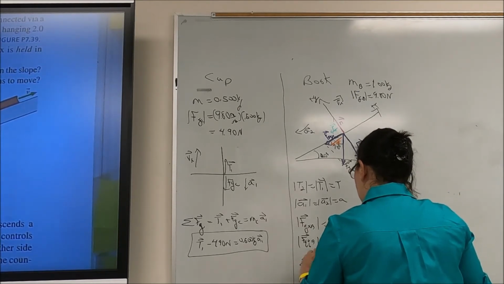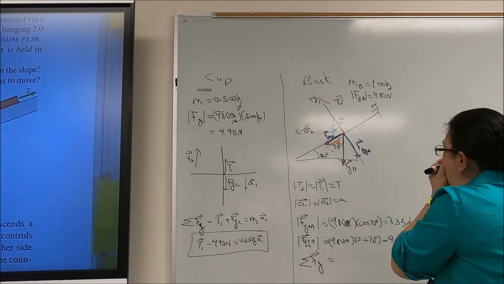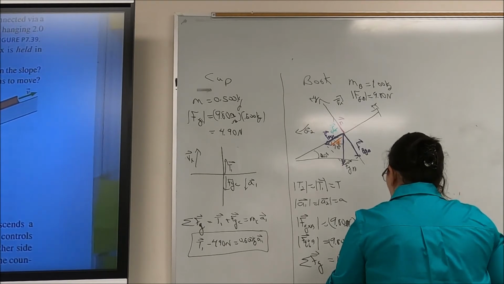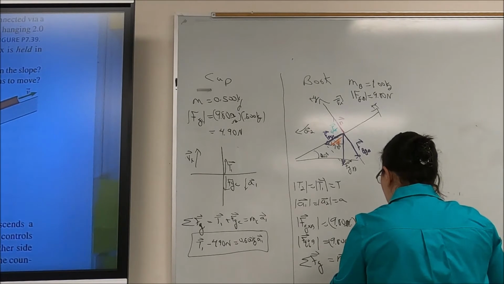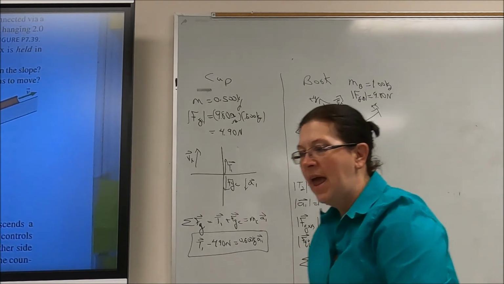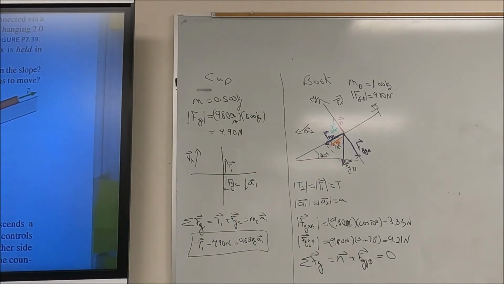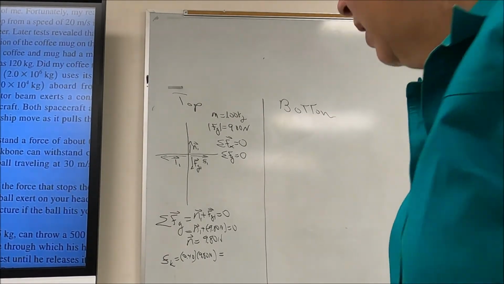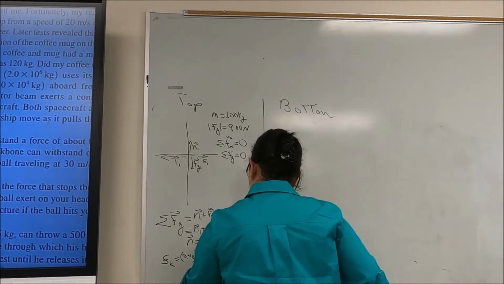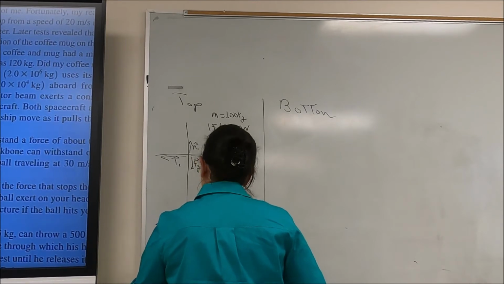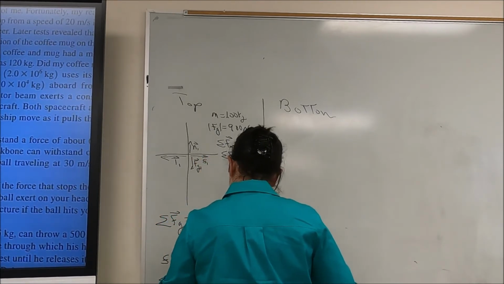So the sum of the forces in the Y direction is the normal force plus force due to gravity in the Y direction on the book, and that has to add up to 0. And mu sub k is 3.92 newtons.